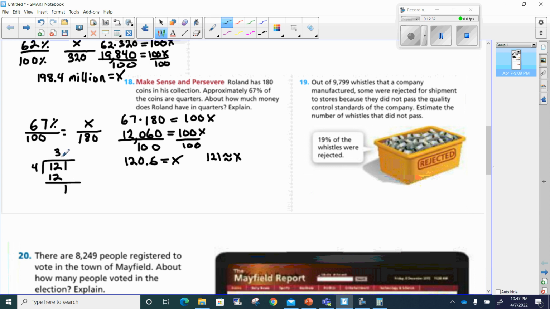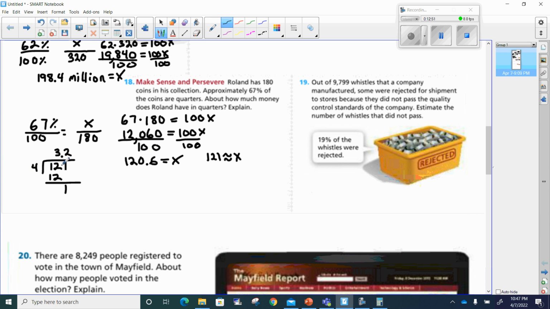So we're talking about maybe 3.2. So that would be $3.20. Is that right? No, it can't be right.